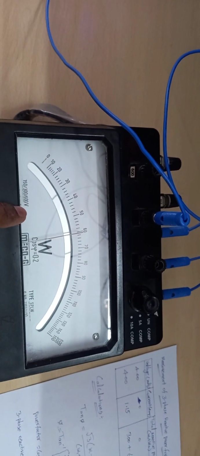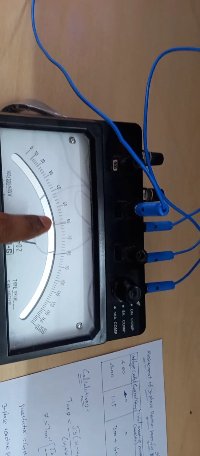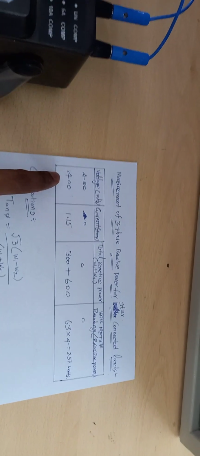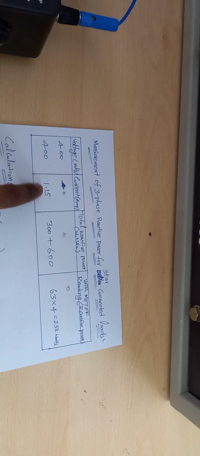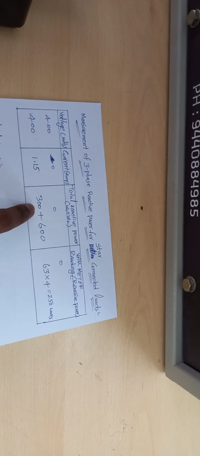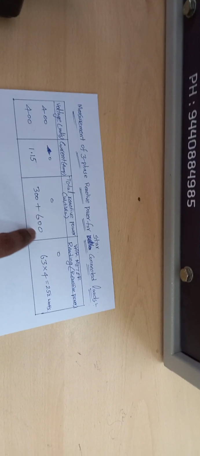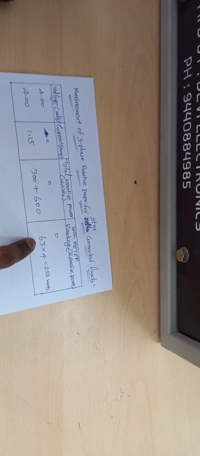In the varmeter we got a value of 63, and that value we take with multiplication factor 4. Okay. So for 400 volts in load condition we got 1.15 amperes, 300 watts, 600 watts and 63 value.